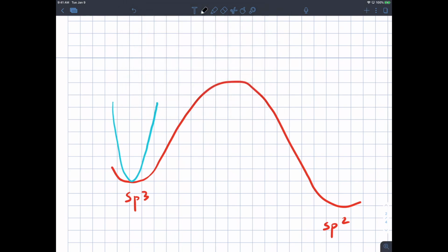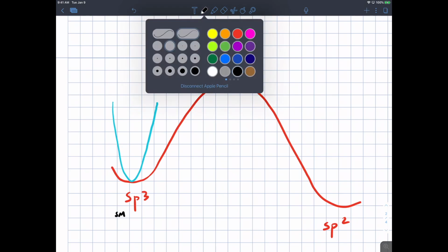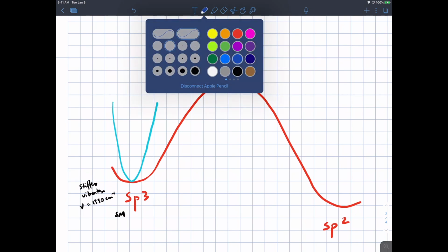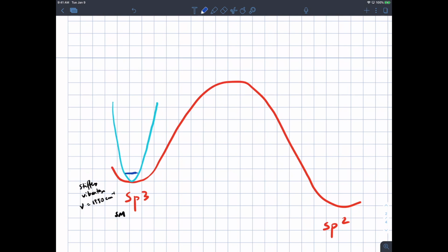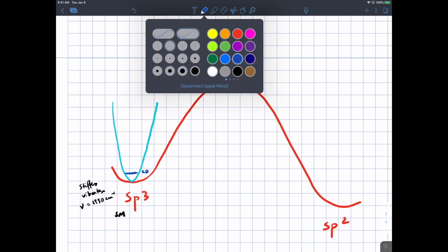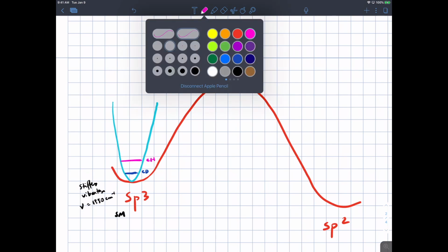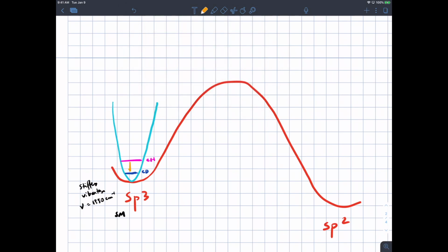You just have to pretend that that is perpendicular to the reaction coordinate. Here is our stiffer vibration where the frequency is around 1350 wave number. The larger the force constant, the larger the difference we're going to expect between carbon-deuterium versus carbon-hydrogen, right? And this is our difference in zero-point energies for the sp3 hybridized carbon.